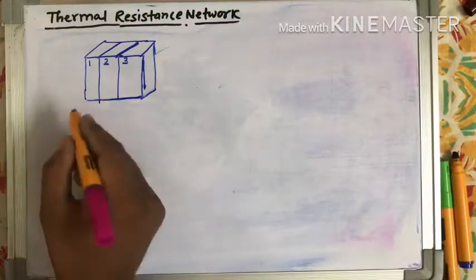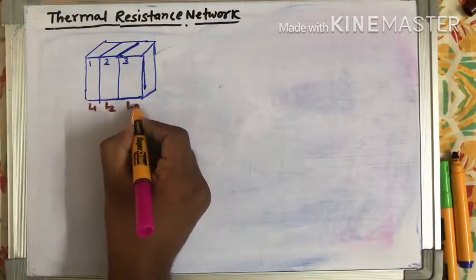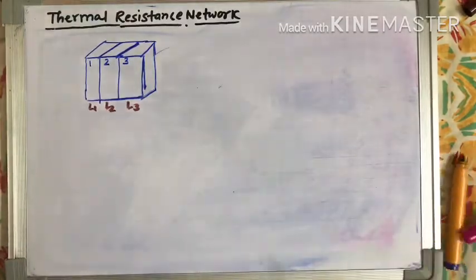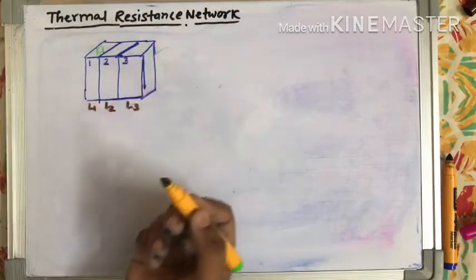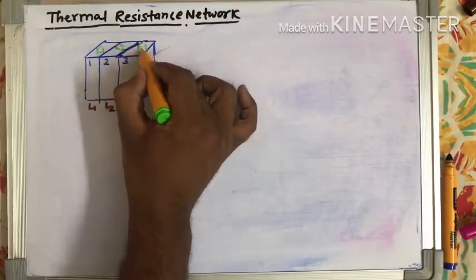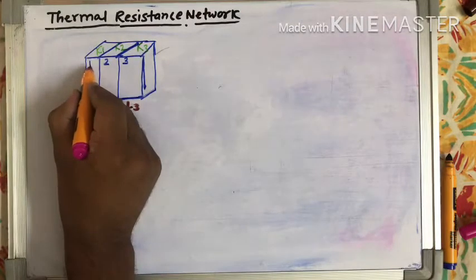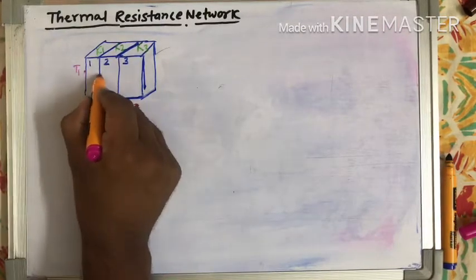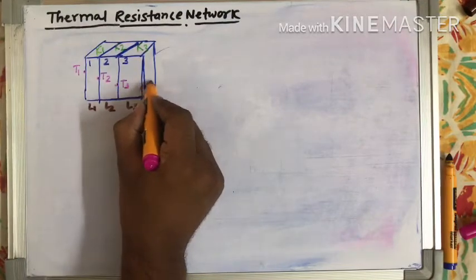Now we are assuming that the length of the first is L1, the second is L2, and the third is L3. The conductivity of the first is K1, the second is K2, and the third is K3, and the temperature of this face is T1, this face is T2, this face is T3, and this face is T4.